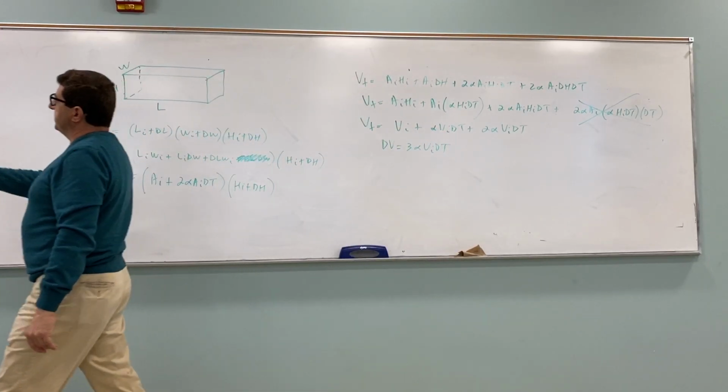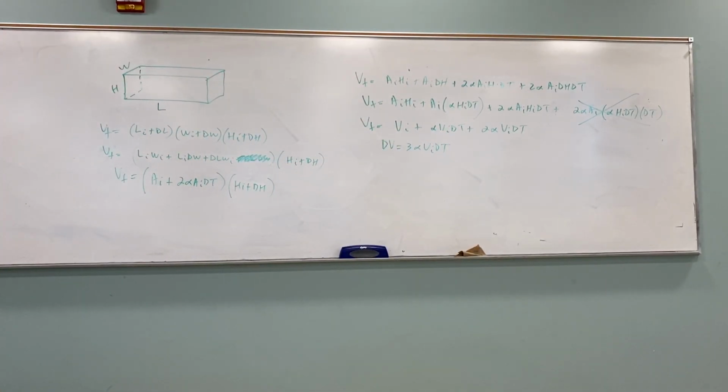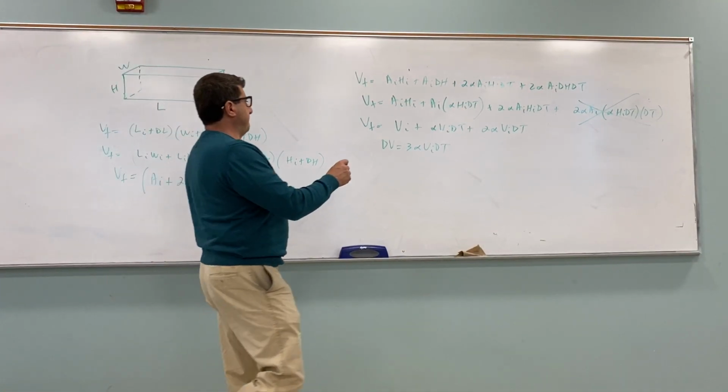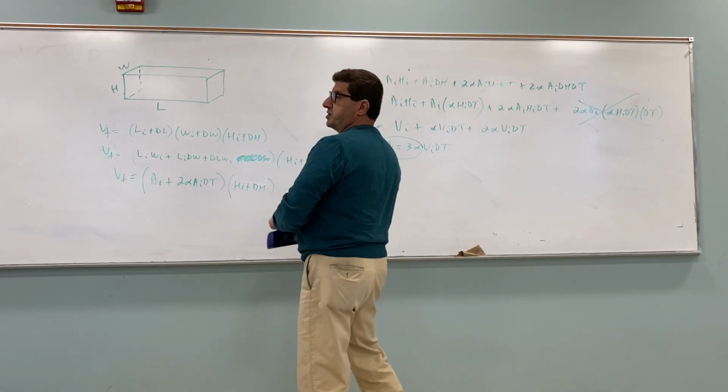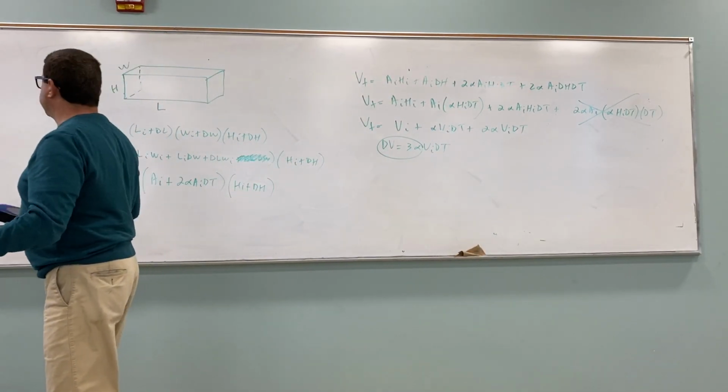That's kind of what they did here. Right? L plus delta L cubed, and then you go all of that, and then you ignore all the ones that are too small, and then you focus on the remaining term, the 3 alpha. Right? And then you can apply that to a sphere, let's say.